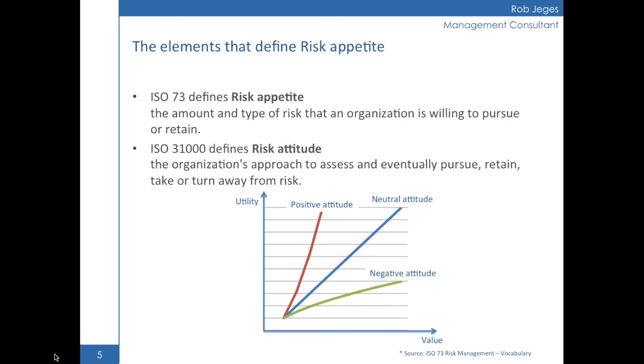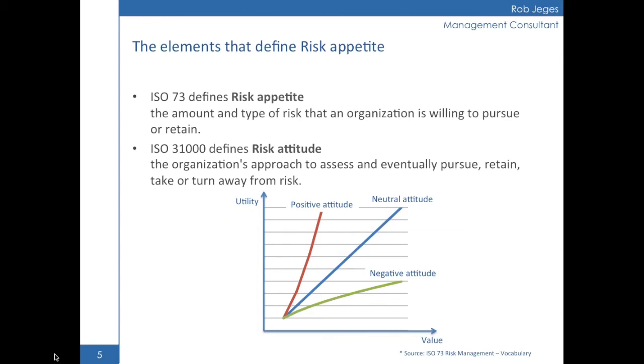Okay, and so positive attitude, I think I've also seen term like risk seeking. That if you are a risk seeking person, then that's where you're probably on the positive attitude side of that graph, and if you are risk averse, then you may be on the negative attitude side of the graph. So is that a correct sort of understanding? Absolutely correct.